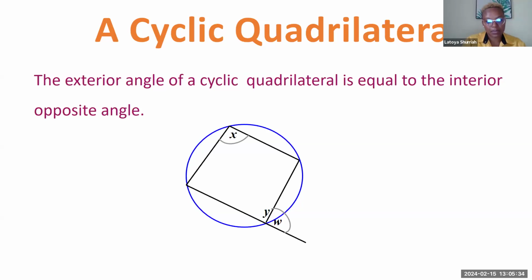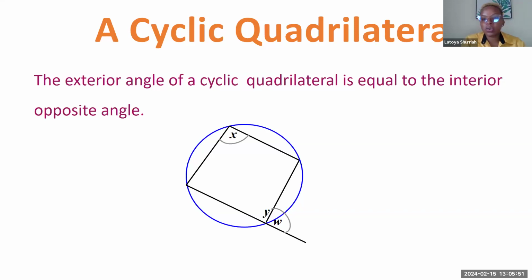Let me say that again. The exterior angle in the cyclic quadrilateral is equal to the interior opposite angle.